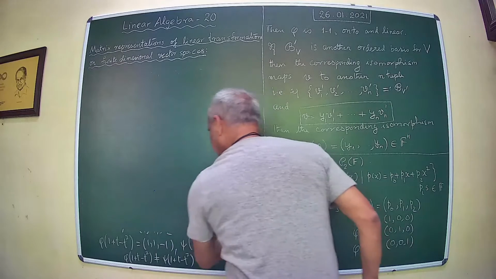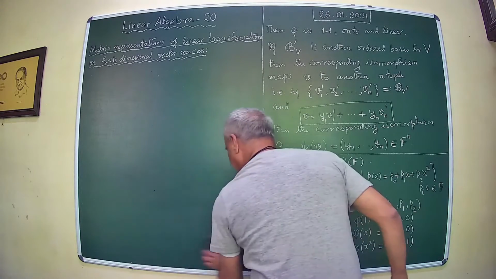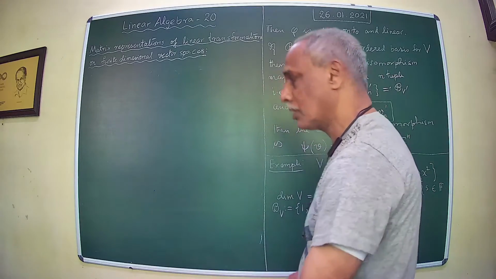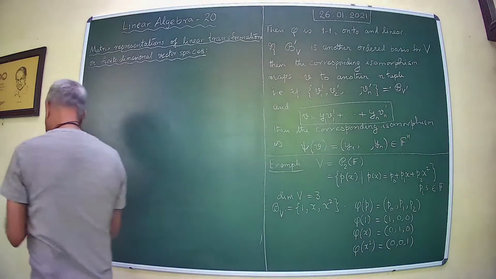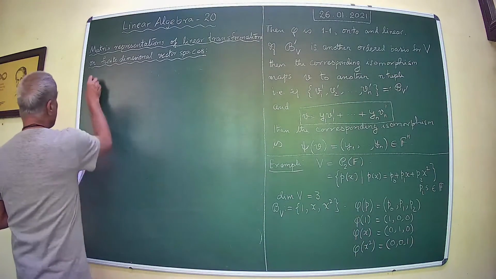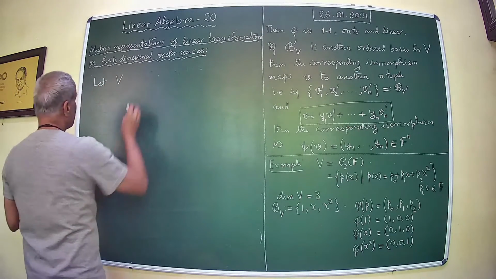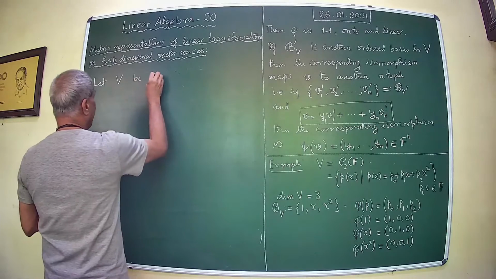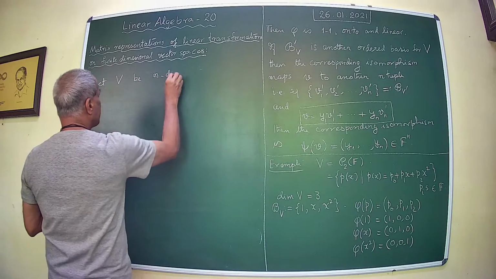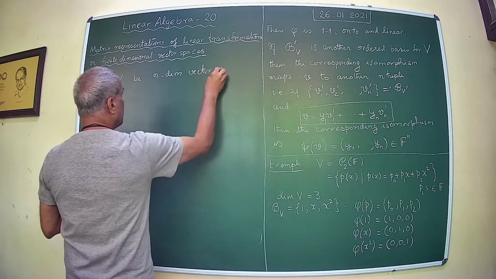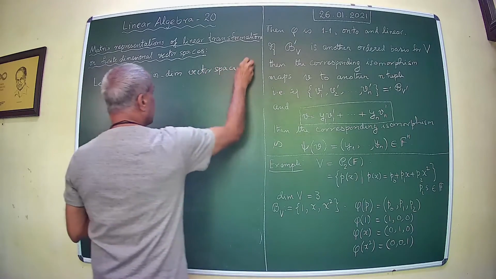So that gives a flavor of things to come. Now let V be an n-dimensional vector space over F.